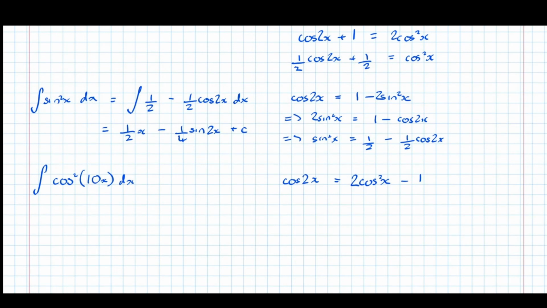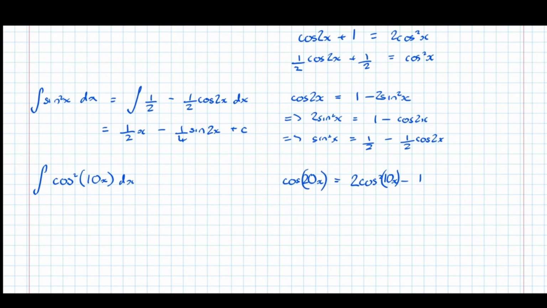So if we replace x with 10x on this identity, here that would make that 20x. We've got another identity that we can use so that we can do the question.